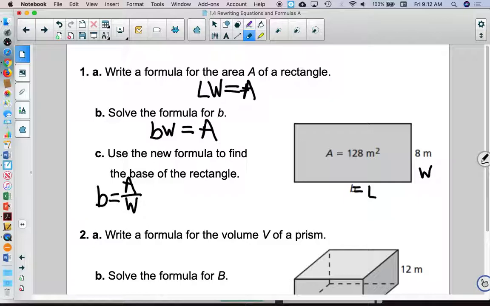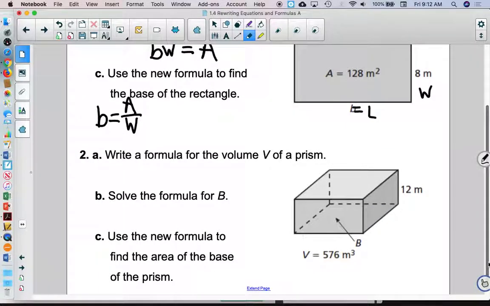Okay, now that we've written the new formula, now we can plug in what we know. B equals 128 divided by 8. So what is B? 16. What is B, Kenai, whose hand is up? 16? Good.